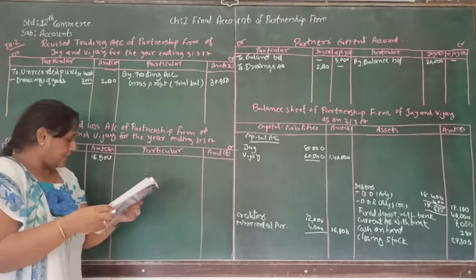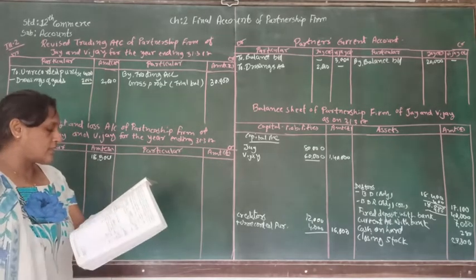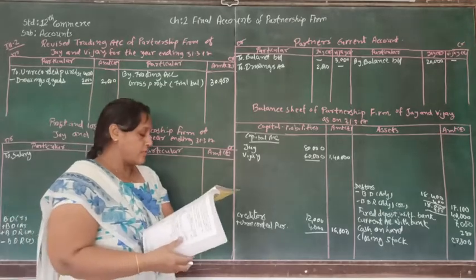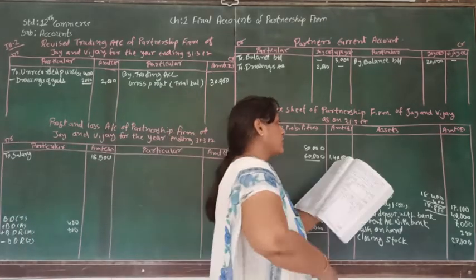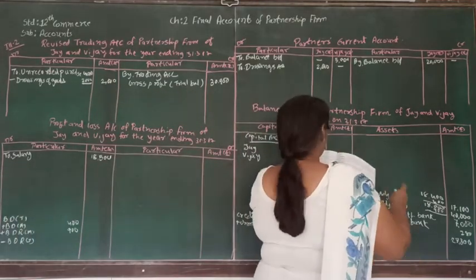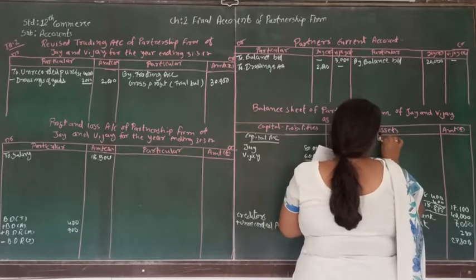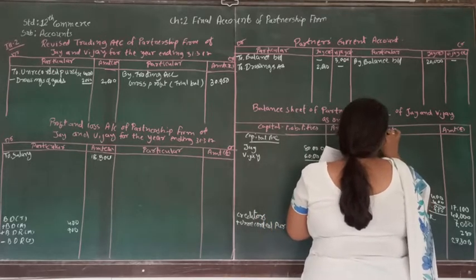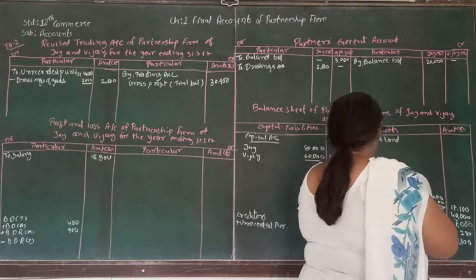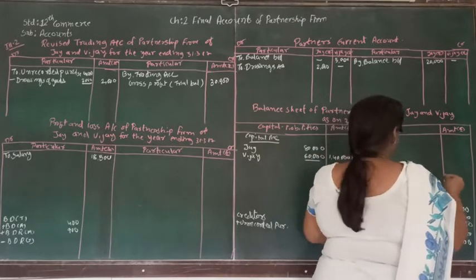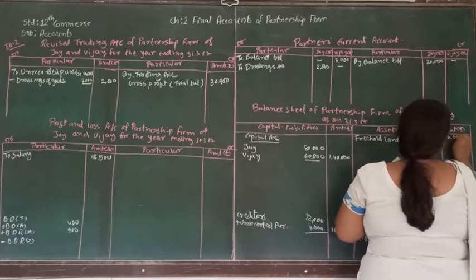After that there is another account, freehold land, that we are going to write on the asset side. Freehold land is 60,000, and there is no adjustment in that.